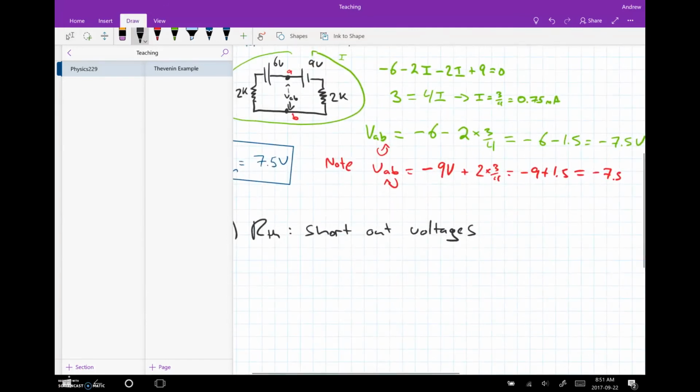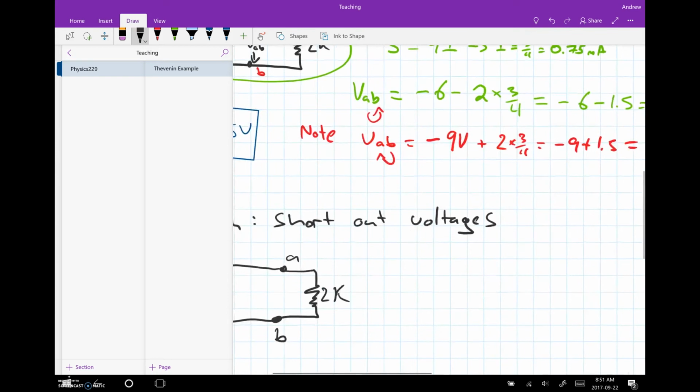So let's draw our circuit. In that case, we have node A here. We just short out the 6 volt, 2 kilo ohms, another 2 kilo ohms. And luckily this equivalent resistance is easy as pie.